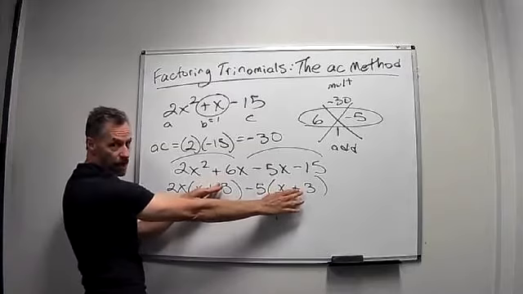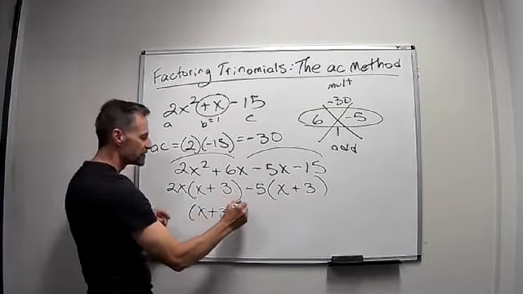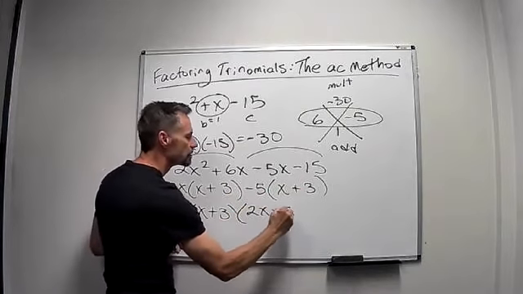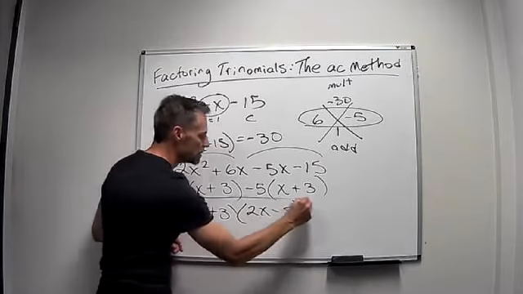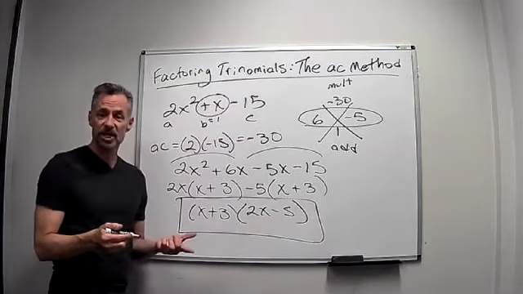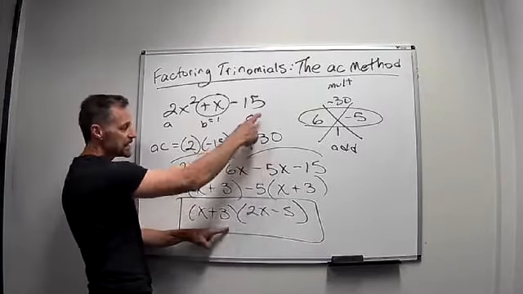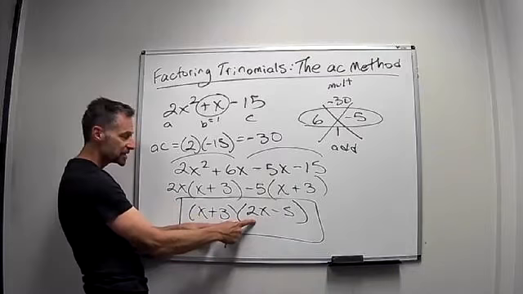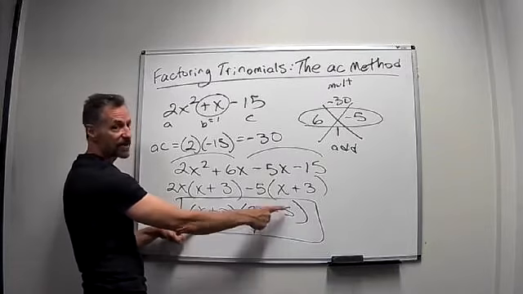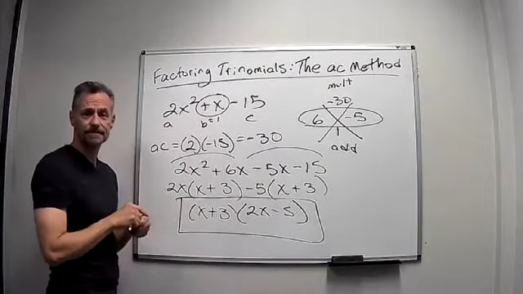I still have the 2x minus 5, and that's my other factor. Let's check to make sure it's right. There's my 2x squared. There's my minus 15 when I multiply. And the middle is 6x minus 5x, which is positive 1x.